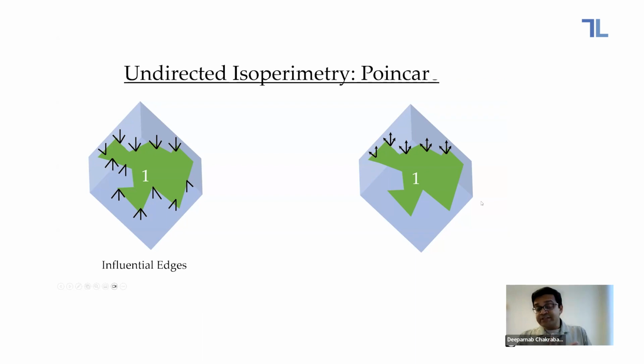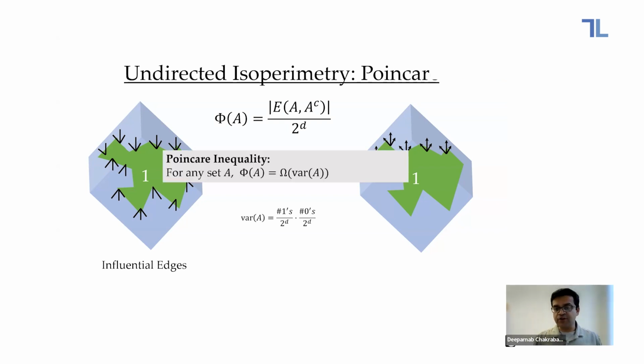Well, it is very well known that if I define phi of A, without the plus, to be the size of this subset of influential edges divided by 2 to the d, then this is comparable to what is called the variance of A. The variance of A is basically a notion of the size of A, which is the number of ones times the number of zeros. If you think of it, if you sample a point and you look at f of x and you take the variance of that, that's what the variance of the set is.